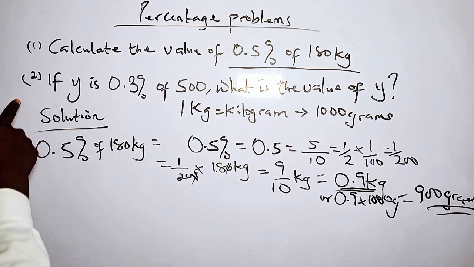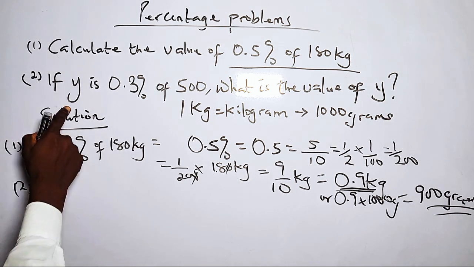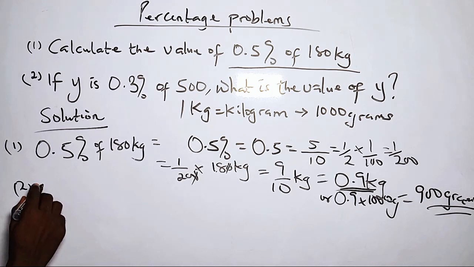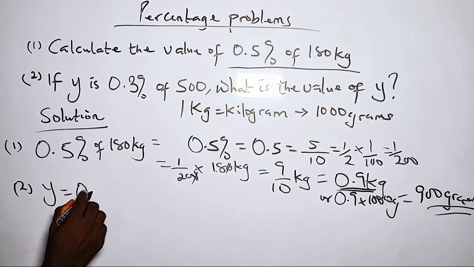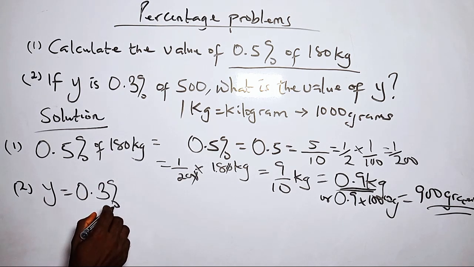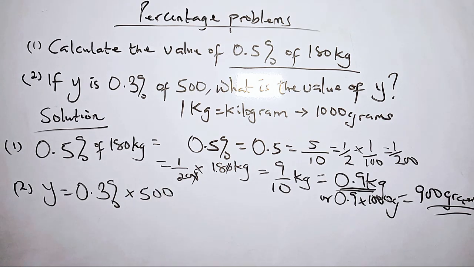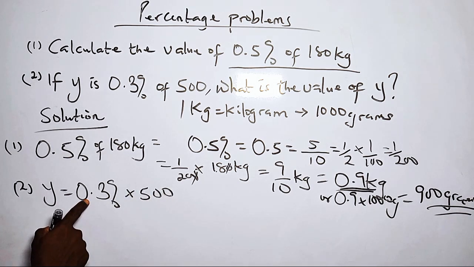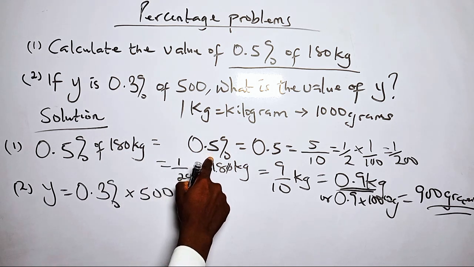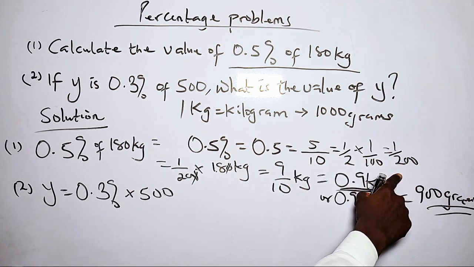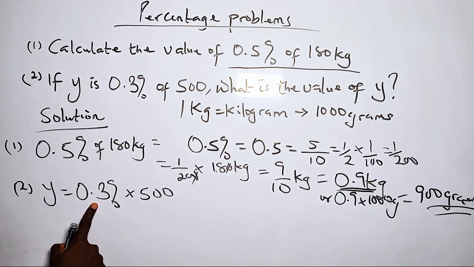So for the second one, we have y is 0.3% of 500. So that means y equals 0.3%, okay, times 500. So when we look at this, we can break it down in this form, or we work on it direct.